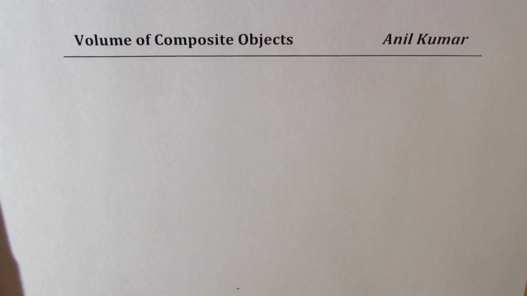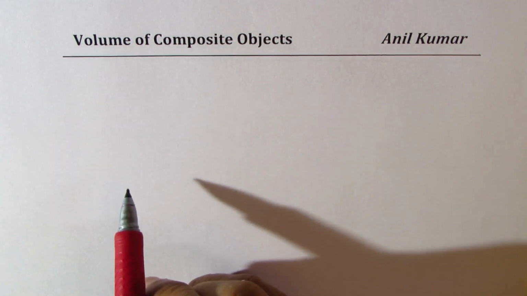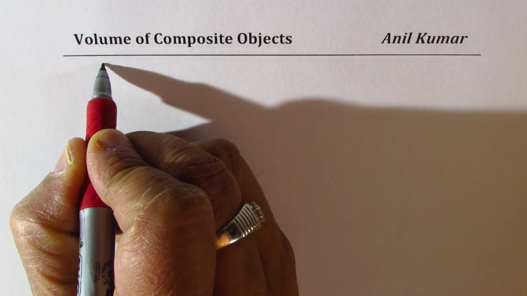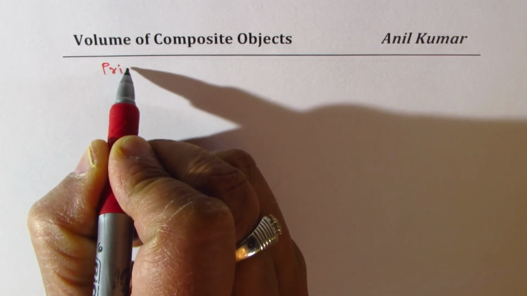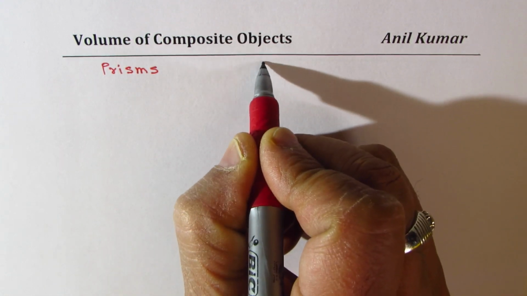I'm Anil Kumar. In this video, we'll discuss volume of composite objects. Let me begin by classifying objects into two categories. You can say objects could be kind of prisms, or it could be pyramids.